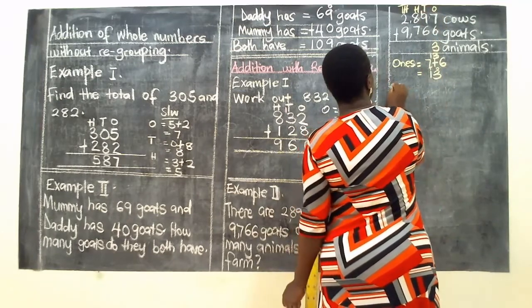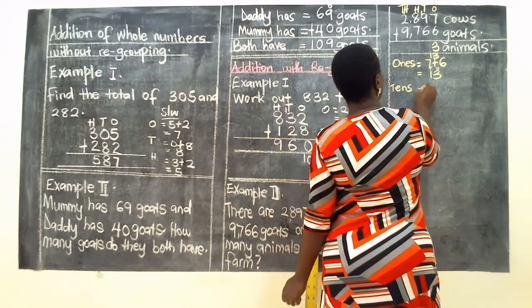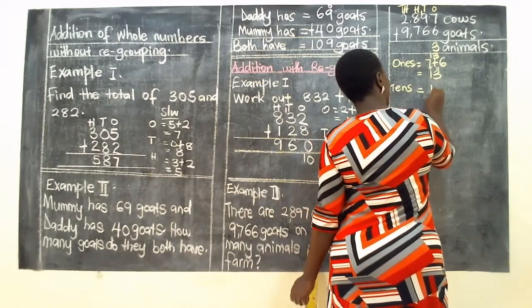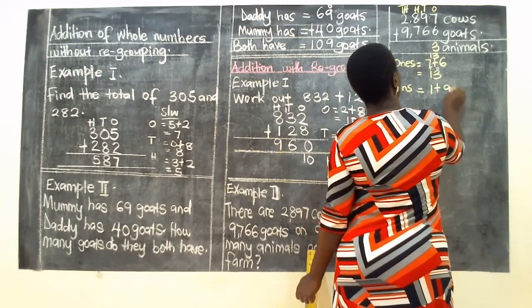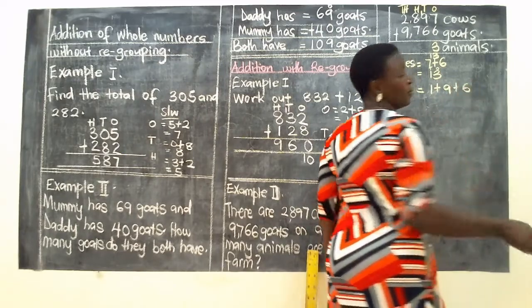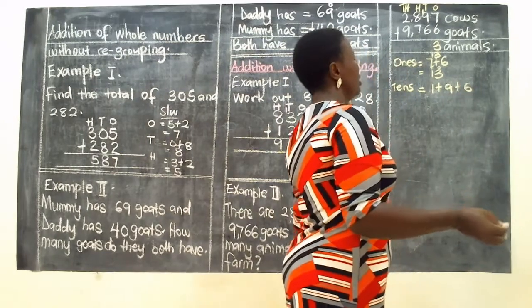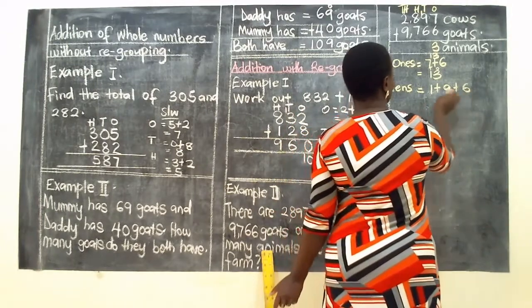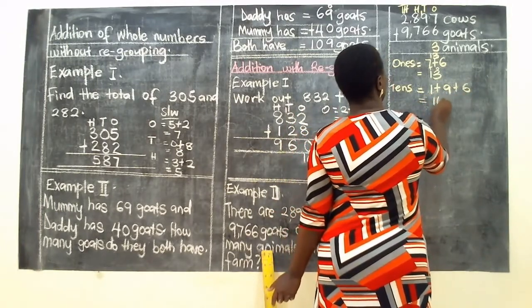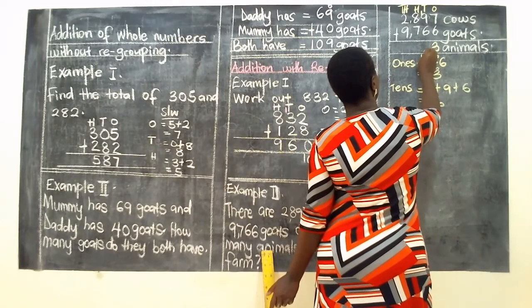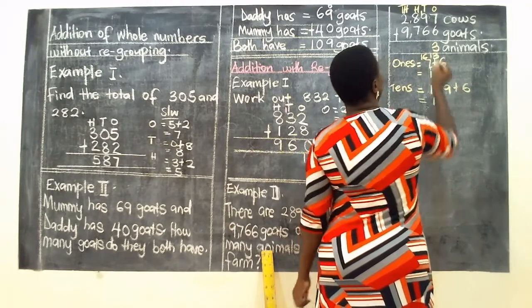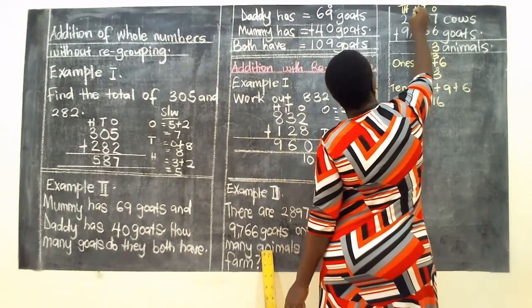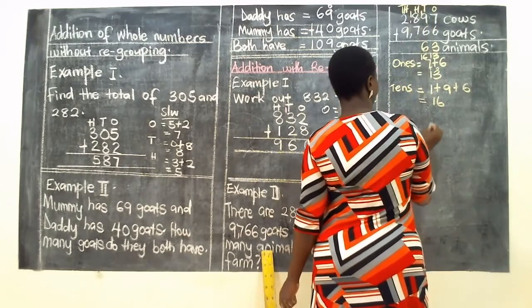So in the tens, we shall have the 1 we carry plus 9 and plus 6. 1 plus 9 is 10, and 10 plus 6 is 16. So we have 16 in the tens place value. We shall write 6 and still carry 1.